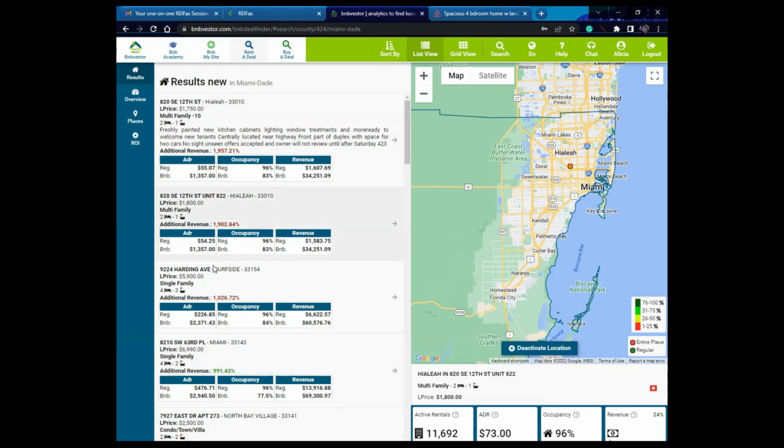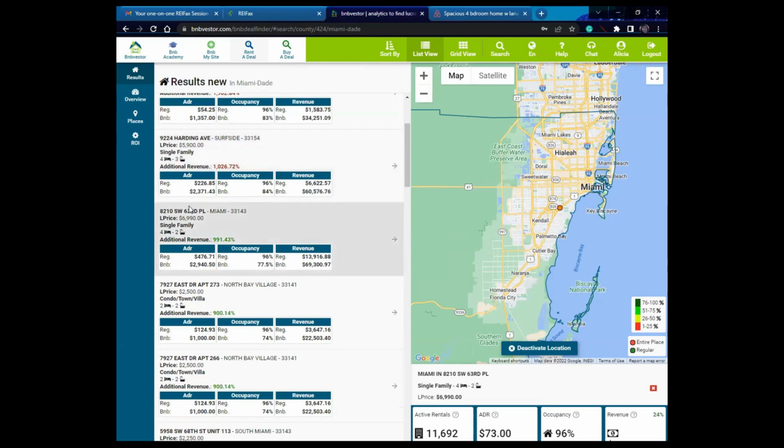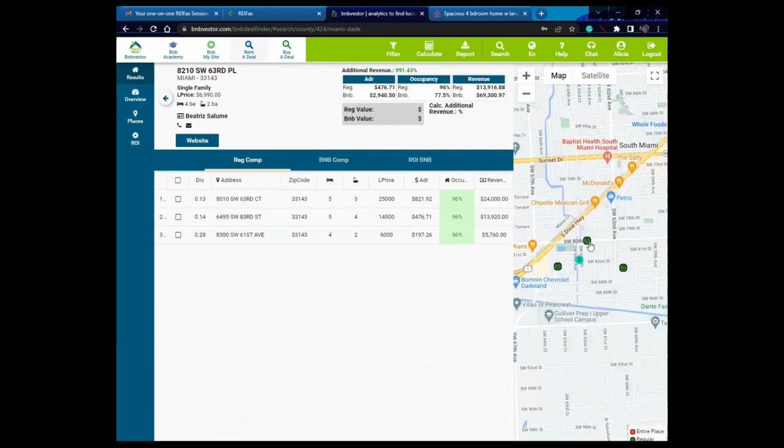Let's look for this one. Let's see the property, Miami. Here we have 8210 Southwest Miami. This is a property that has a list price of $6,990.